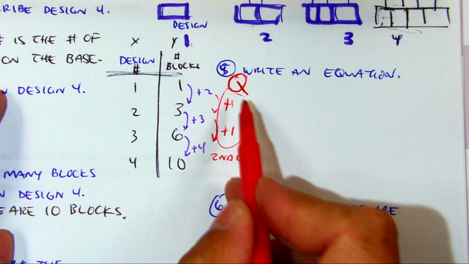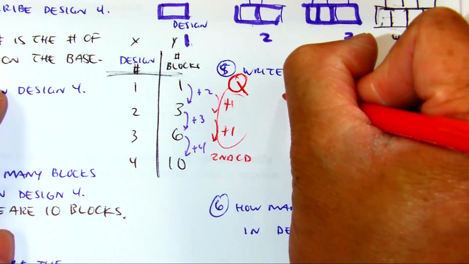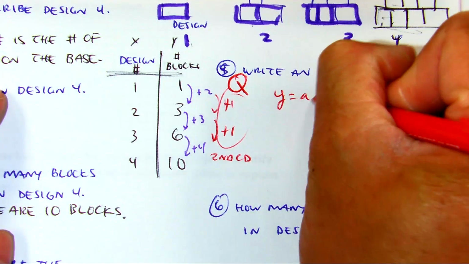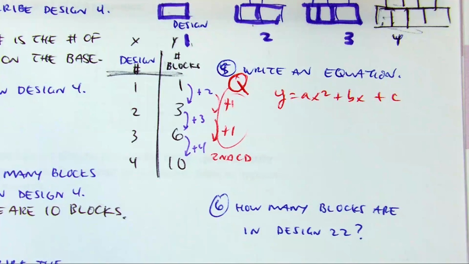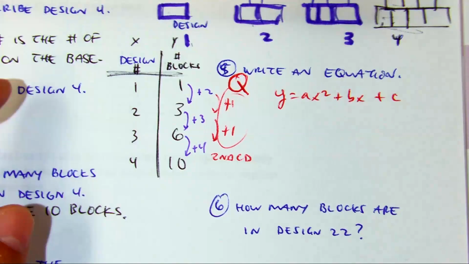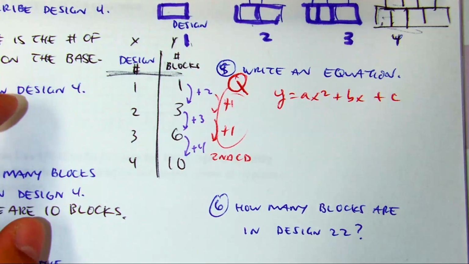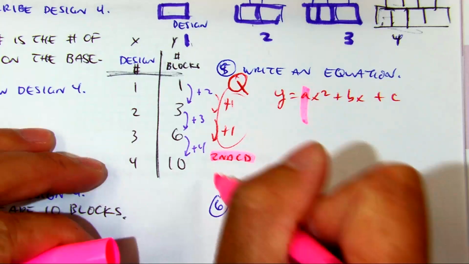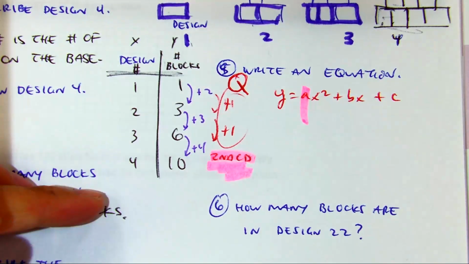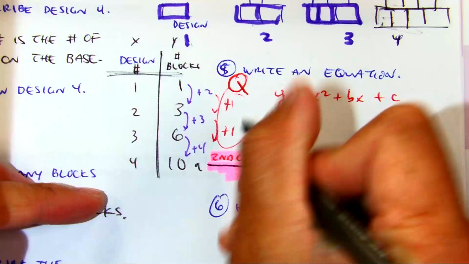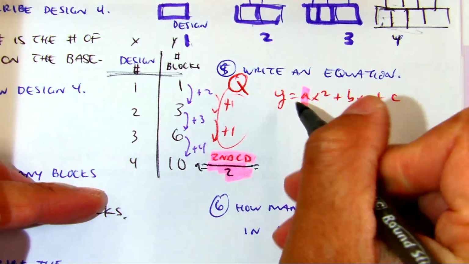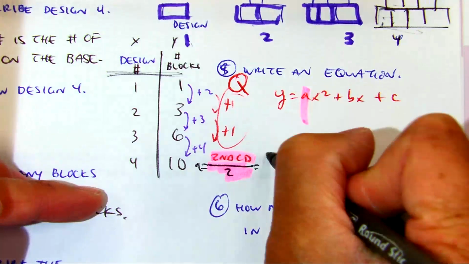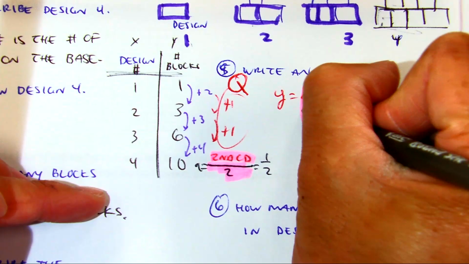Now, to find the equation, y equals ax squared plus bx plus c, my a value is the common difference divided by 2. So my common difference is 1. 1 divided by 2 is 1/2.